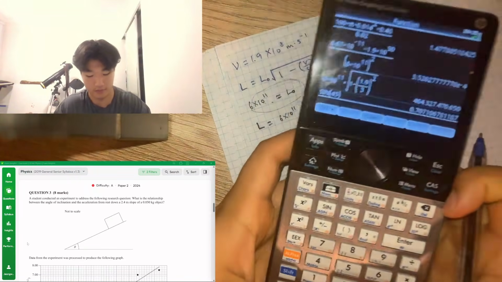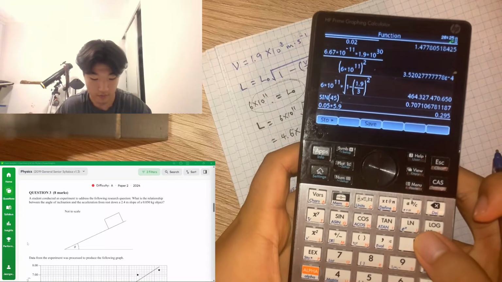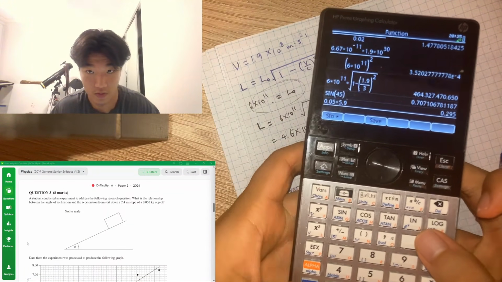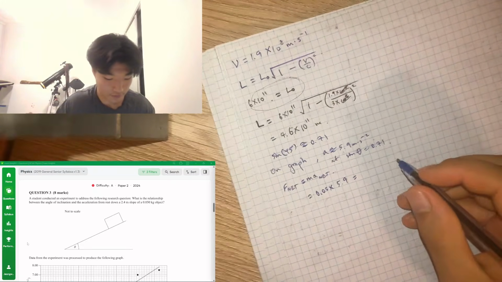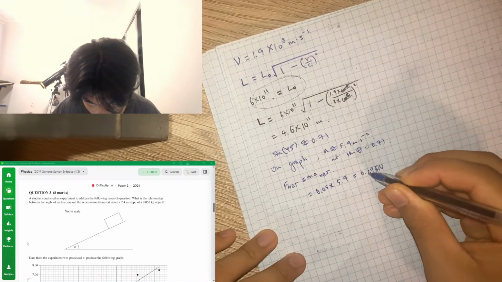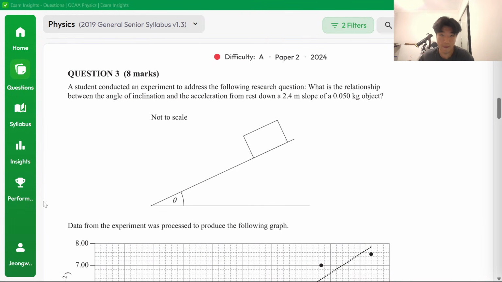We get an answer of 0.295 newtons. And of course, this is down the slope.